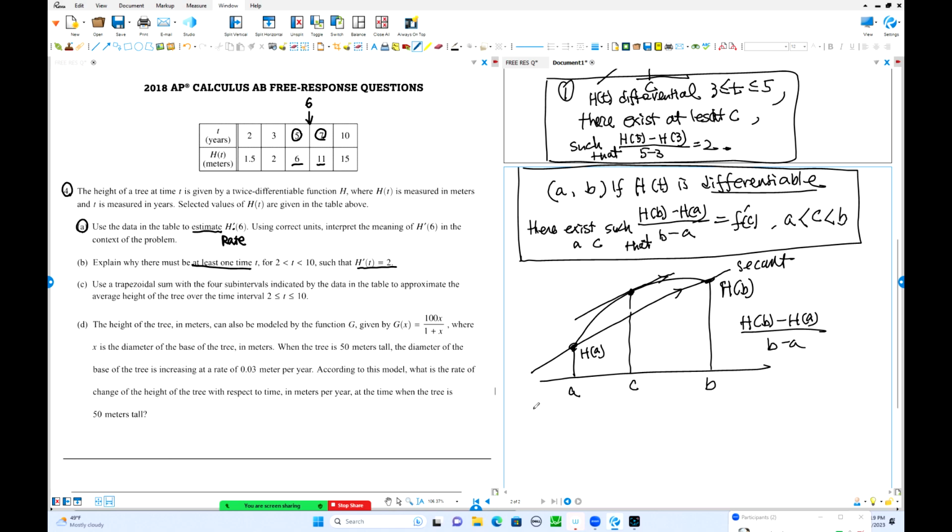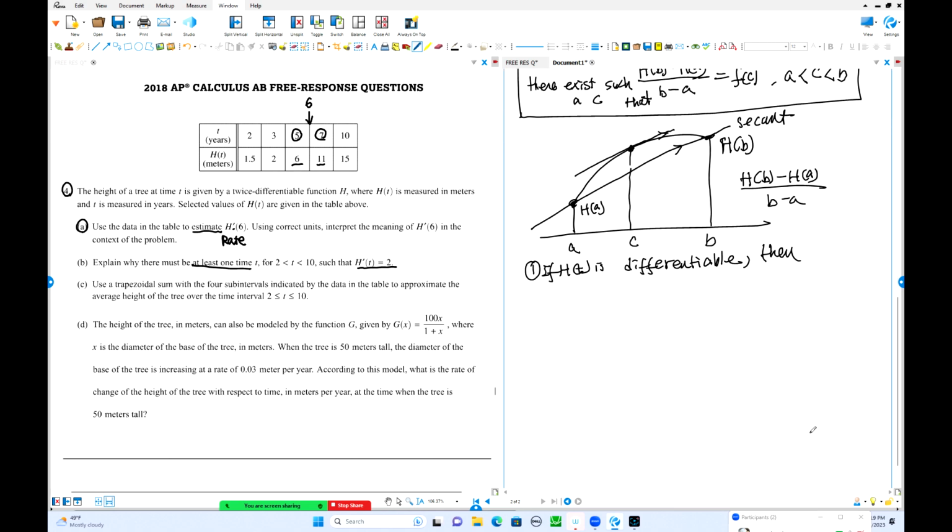So, if h(t) is differentiable, then you can make a conclusion: there is a value of c between a and b. At least one c. If you graph this one, there are two points, one c over here, another c over here.